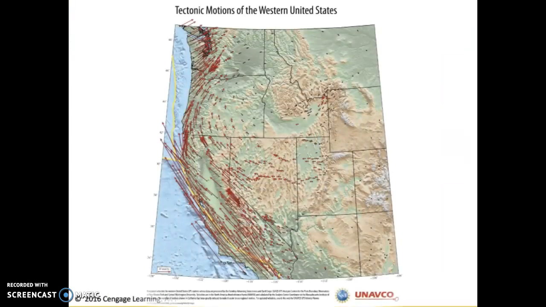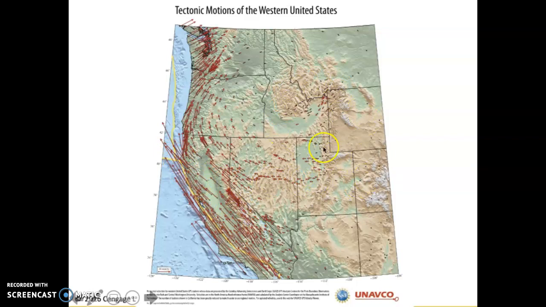If we want to look at this even more closely, this is a map of the western United States, and you can see that this motion can be quite complex. As the Pacific Ocean goes off to the northwest, it's actually tugging on the western edge of North America and kind of pulling that along with it.